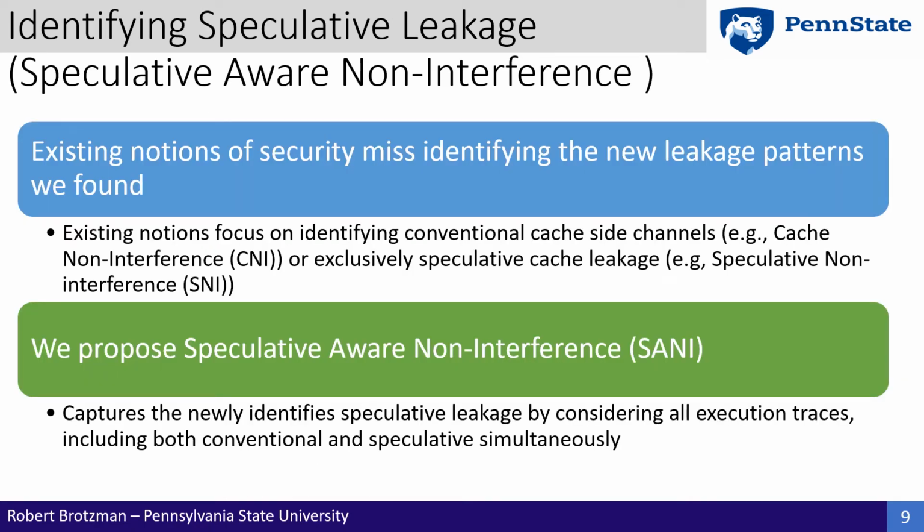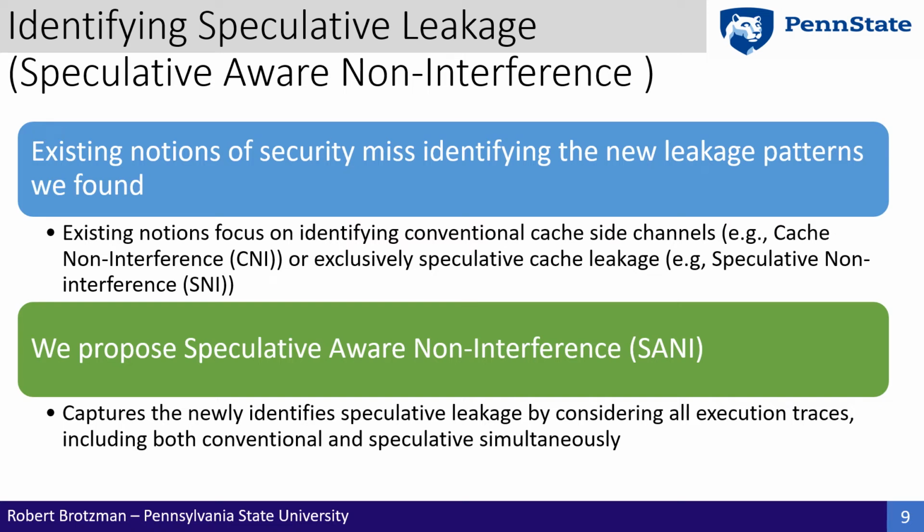Now that we have seen a code pattern that is not identifiable by existing techniques, we'll take a look at a policy that can identify the leakage that we observed in those code patterns. So existing notions may misidentify the new leakage patterns because they either only are looking at conventional cache side channels, which do not consider speculative execution, or they are exclusively looking only at the speculatively executed parts of the program traces.